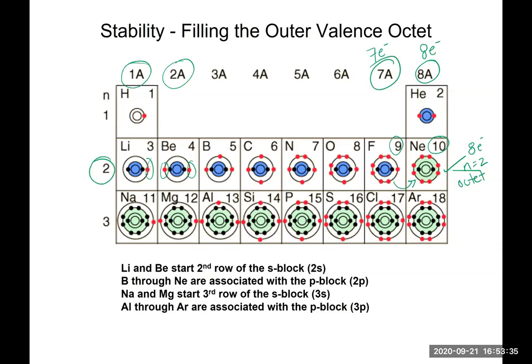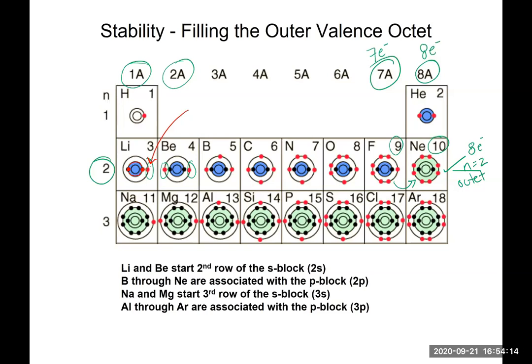Now, if lithium gives up this 1 electron that it has in its outer valence, let's talk about backing up. If lithium gives this electron up right here, now it has 2 electrons, but its outer valence will be N equals 1 now, and so it will have the same electron configuration at this point as helium if it just gives up that 1 electron that has a red arrow pointing to it and a green circle around it.